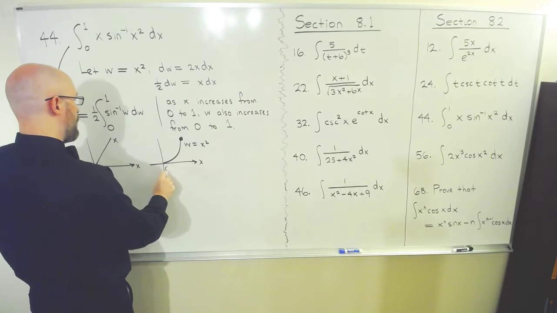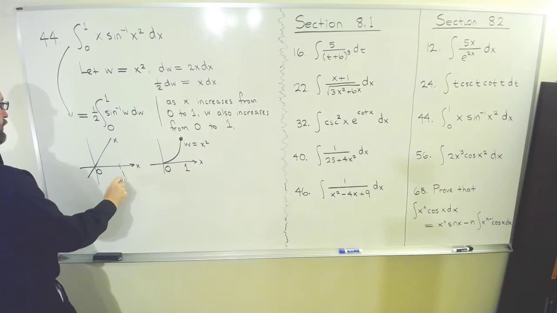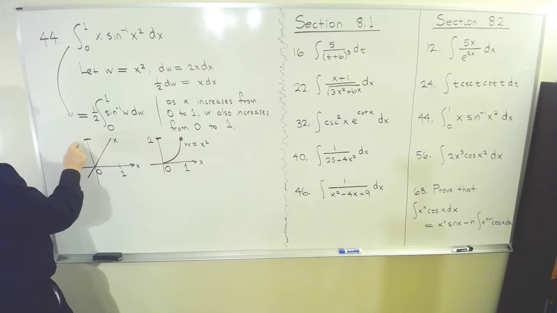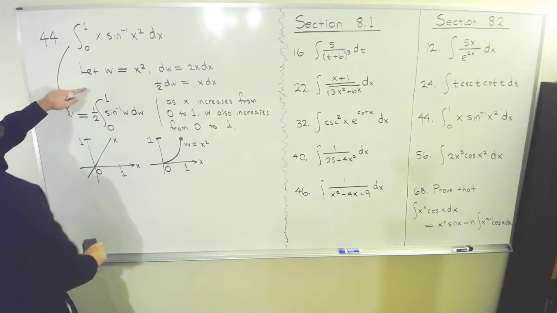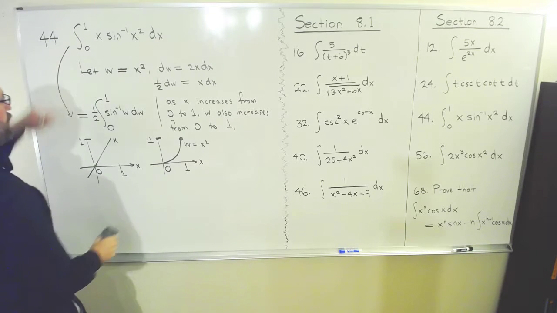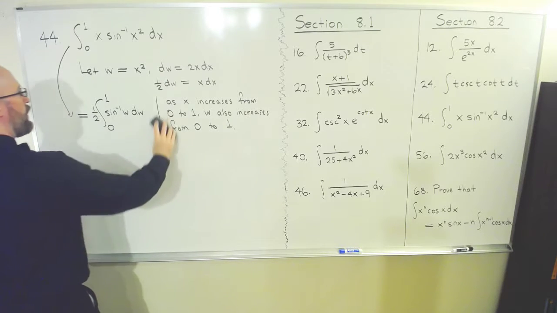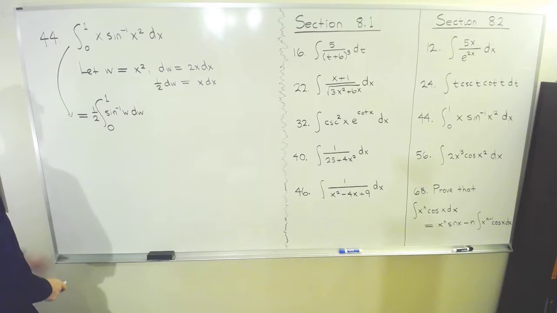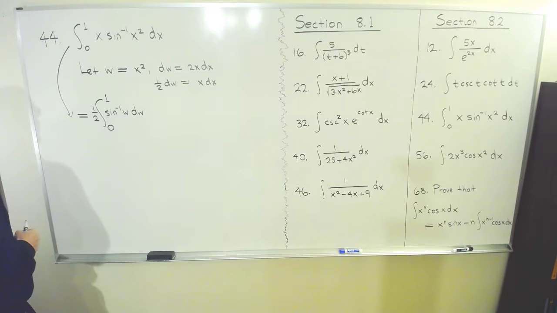And it turns out that as I'm going from x equals 0 to 1, w also goes from 0 to 1. But it's a coincidence. I want to make sure that you see that I'm not just copying the limits there. But all that's commentary, which we don't need now. Okay, so we have this integral now, with these limits of integration.